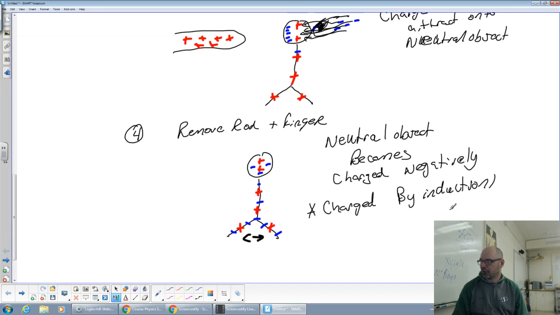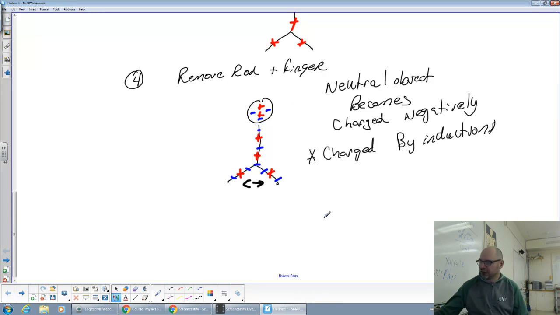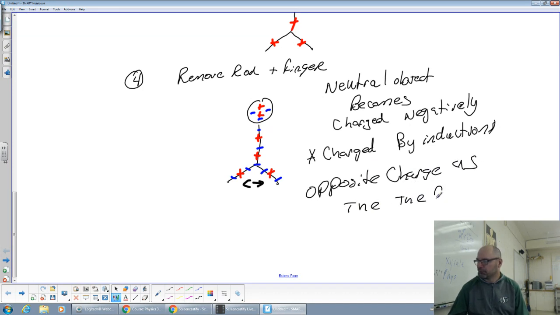So induction, not induction L. And that means that if it's charged by induction, that's what this process is, okay? That's where it's going to have an opposite charge as the charging object, or charging rod, if you like.